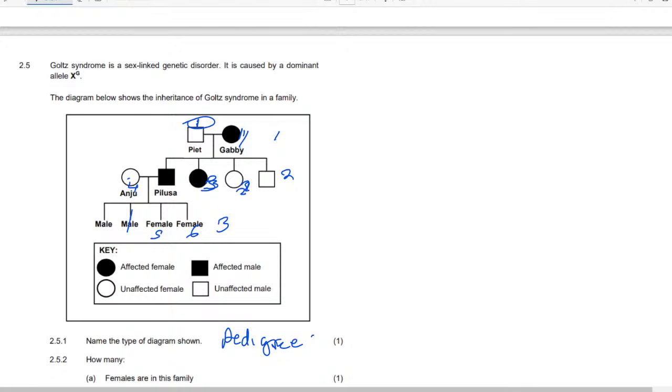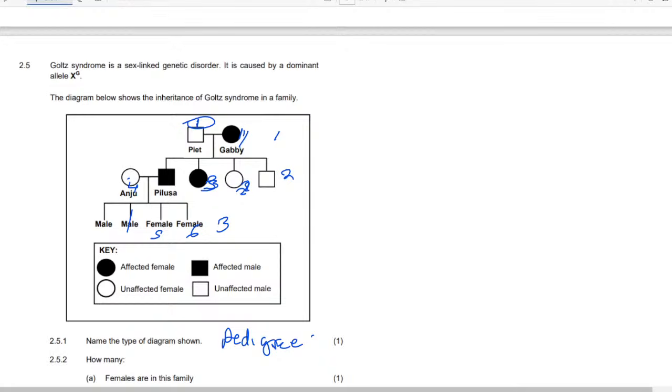It means that when you are writing it, shaded means affected. Yes, this person is affected with this disorder. So you have two options.